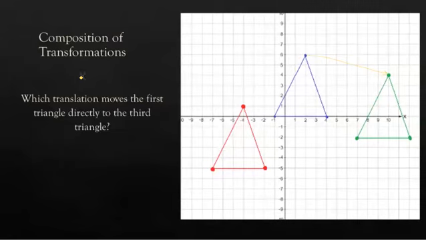So we moved X in a +8, and we moved Y down 2. So that would be a -2. We could also just write this as 8, -2. And all of these points are the same. This one moves over 8 and down 2. And this one moves over 8 and down 2 as well.